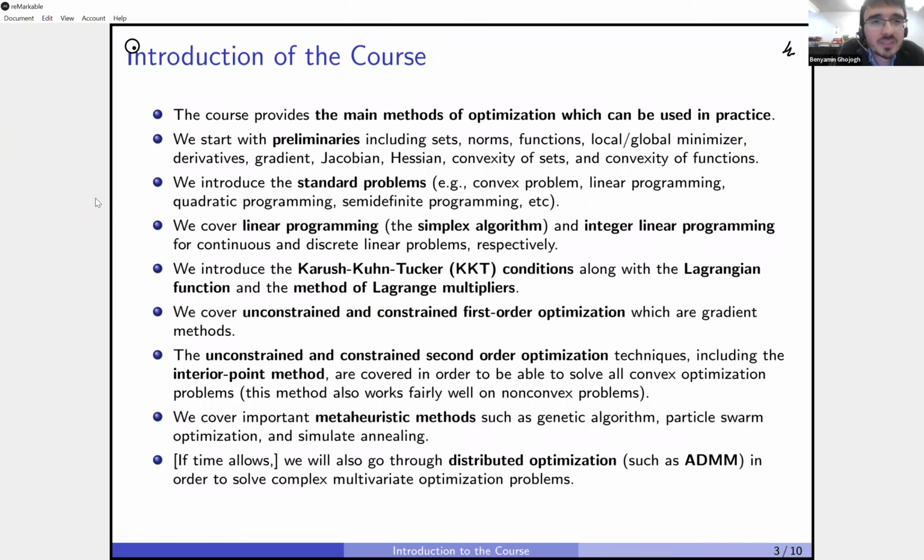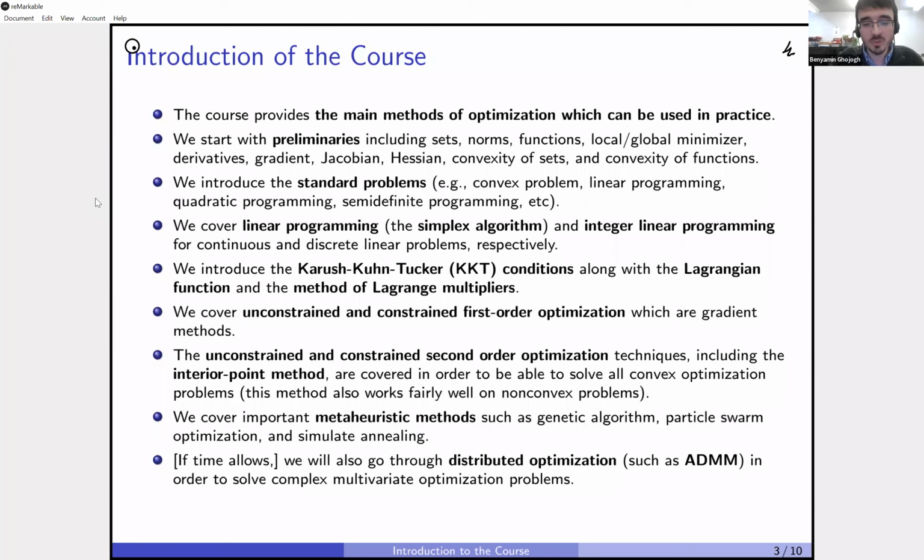Let's go through the course introduction first, and then please let me know if there is any ambiguity or anything you want to discuss. So this course provides the main methods of optimization. We don't want to cover only theory, and we don't want to cover only practice. We'll cover both theory and practice.